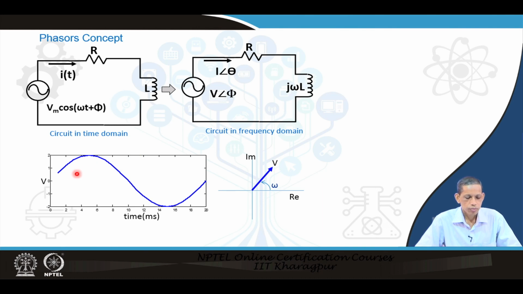The sinusoidal voltage we represent as a phasor which rotates anticlockwise with a speed of omega equals 2 pi f, and then we obtain the corresponding current which also rotates in anticlockwise direction with respect to the voltage. So, relative angle between voltage and current remains same till there is no change in the circuit condition.